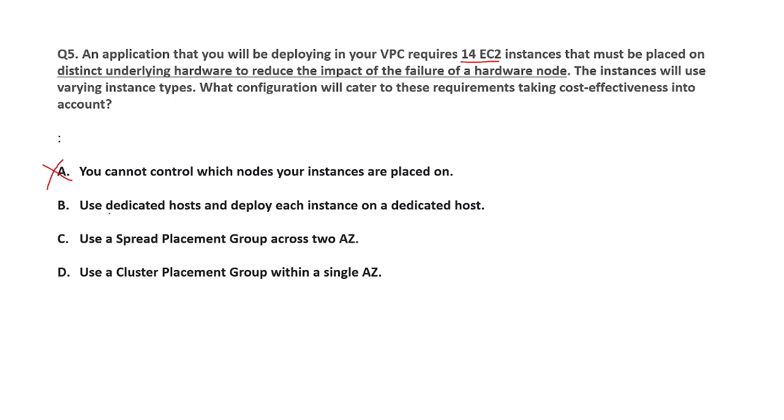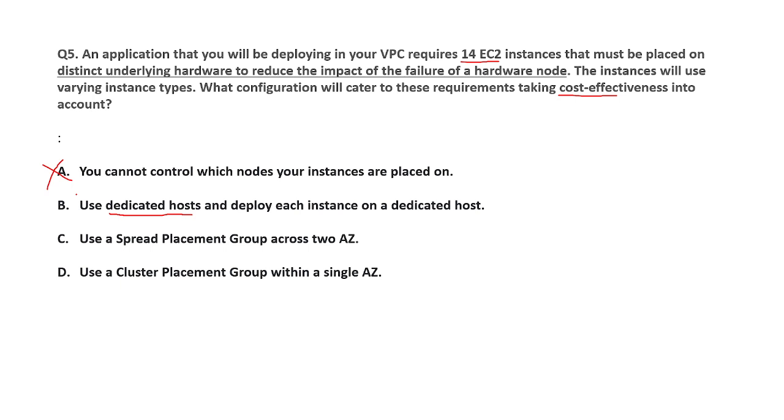Okay, option B, use dedicated hosts and deploy each instance on a dedicated host. This is too much costly. An EC2 dedicated host is a physical server, and it says each instance on a dedicated host, so this is too much costly. We need to find a cost effective solution.